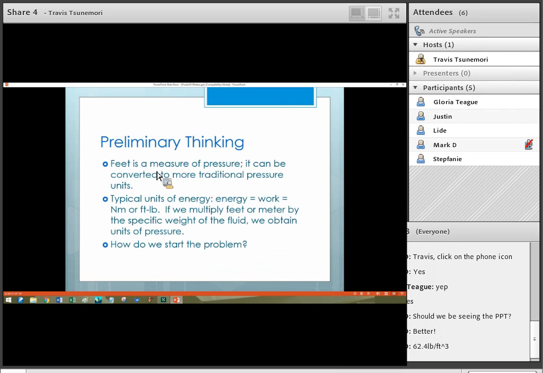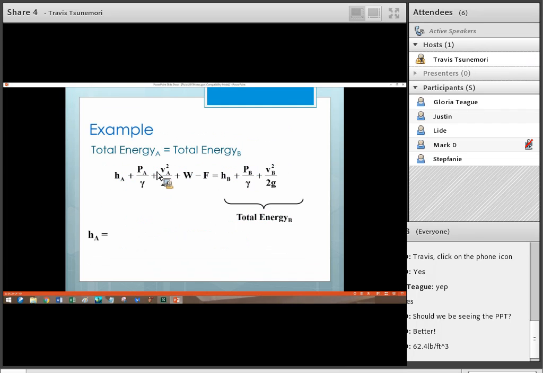So then, looking at Bernoulli's equation, we can ignore the pressure and the velocity, and we don't have any W between points A and B, and we're neglecting friction.